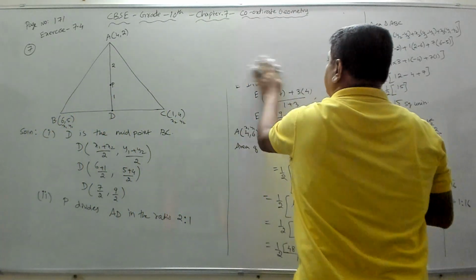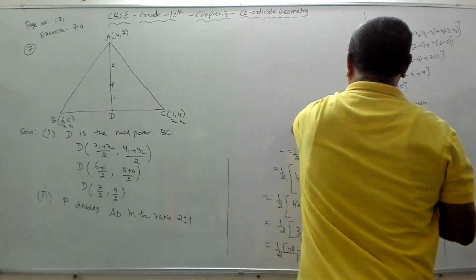Now what is the coordinate of point P? The point P is given by the section formula.